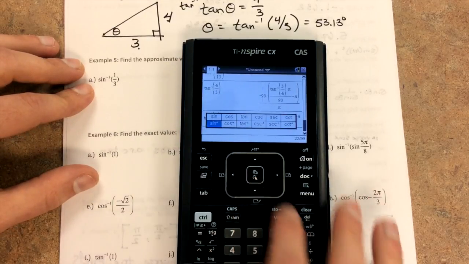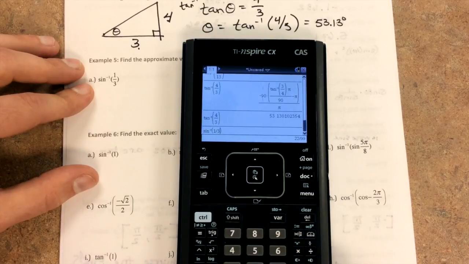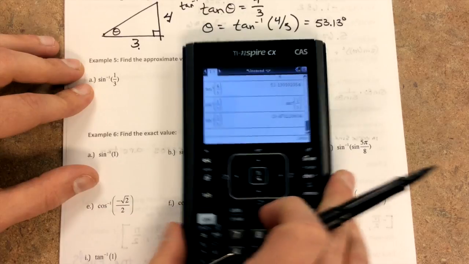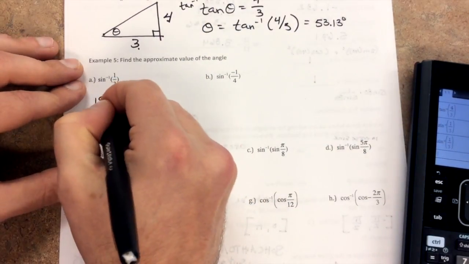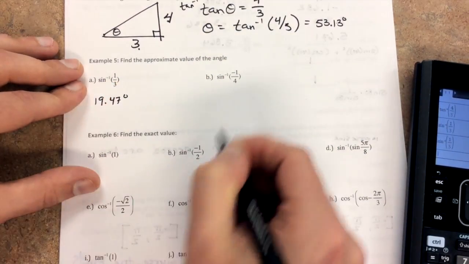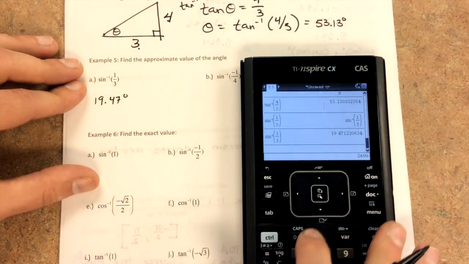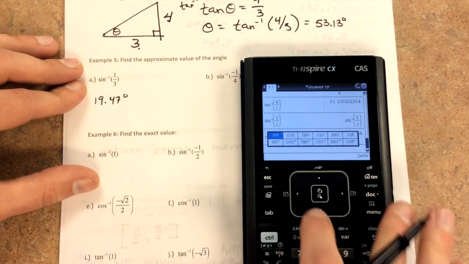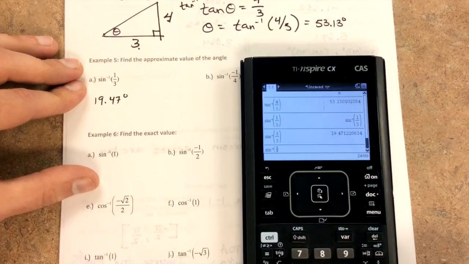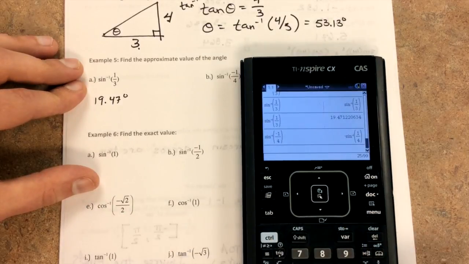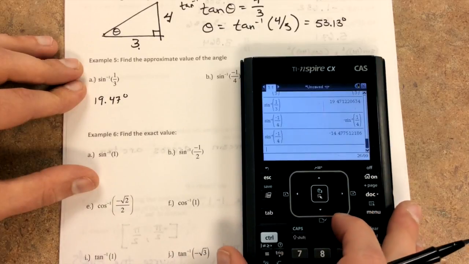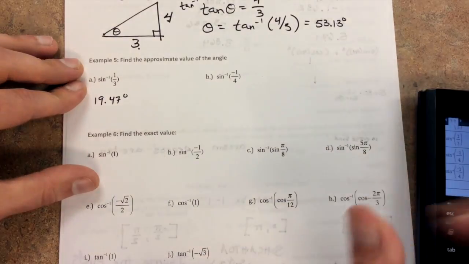So inverse sine of 1/3, 19.47 degrees. Inverse sine of -1/4 is -14.47 degrees.